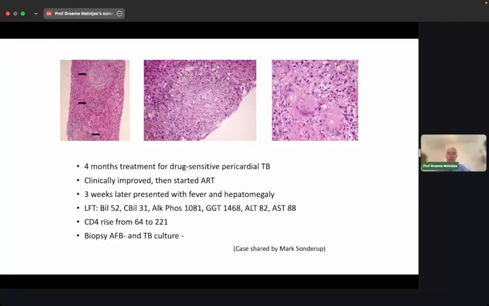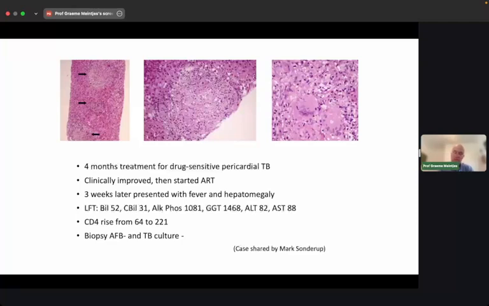The patient had jaundice and very marked obstructive liver function derangement with a very high ALP and gamma GT, which is the typical pattern with TB IRIS in the liver. The CD4 count had risen on ART. The patient ended up having a liver biopsy, and it showed a large amount of granulomas in the liver. That was causing the hepatomegaly and the obstructive liver function derangement. The TB culture was negative.